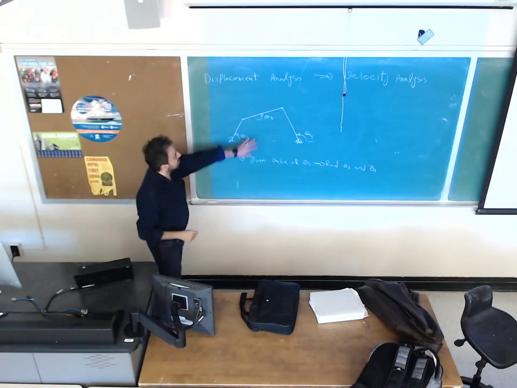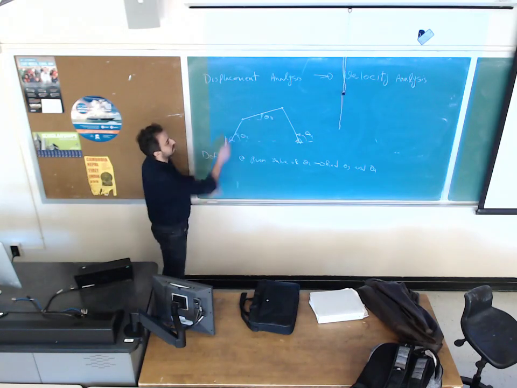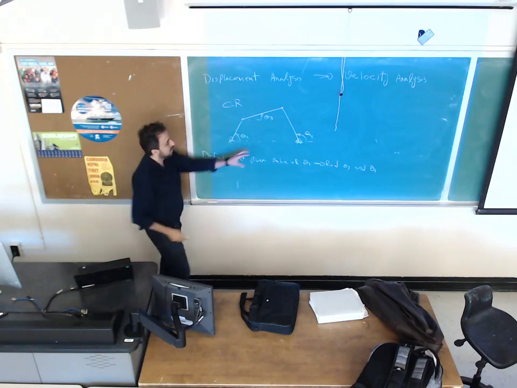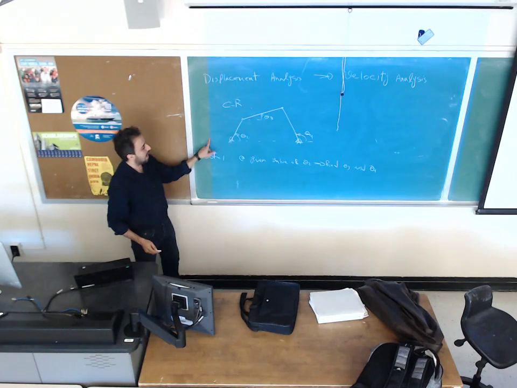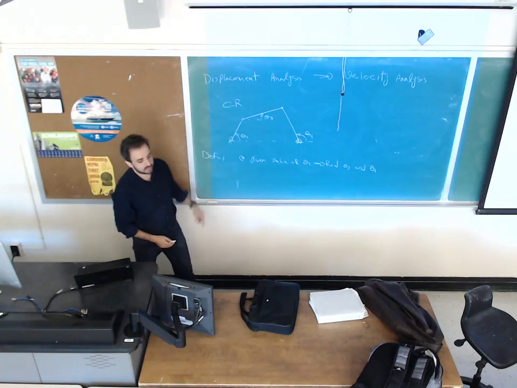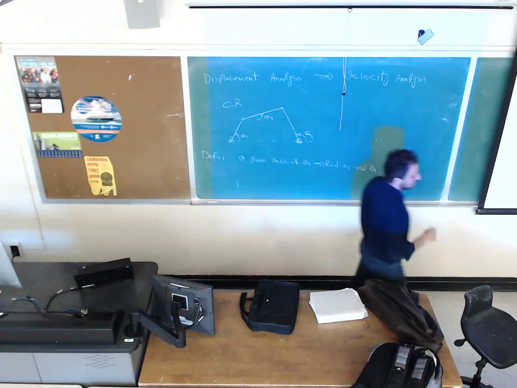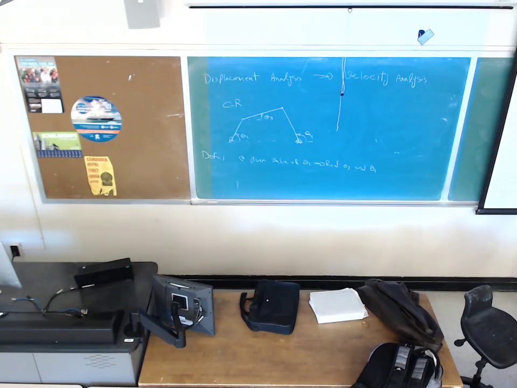It means when this 4-bar mechanism, suppose this is a crank rocker mechanism, when this 4-bar mechanism, the input link is running at a speed. The speed can change over the time, or it can be a constant angular velocity.